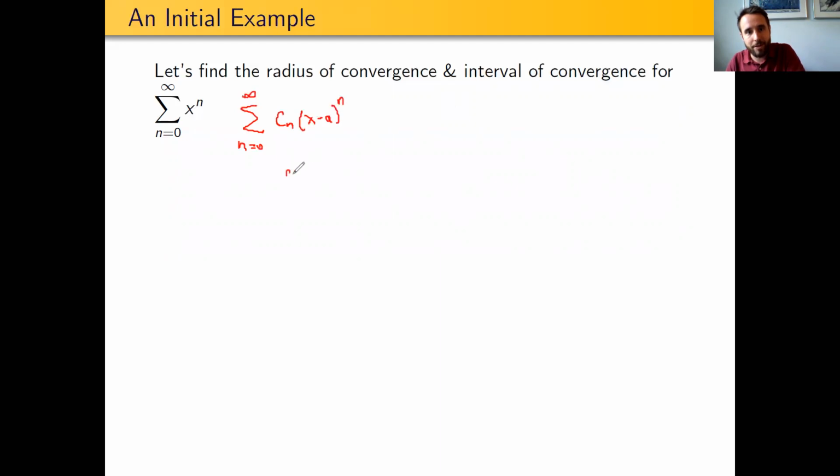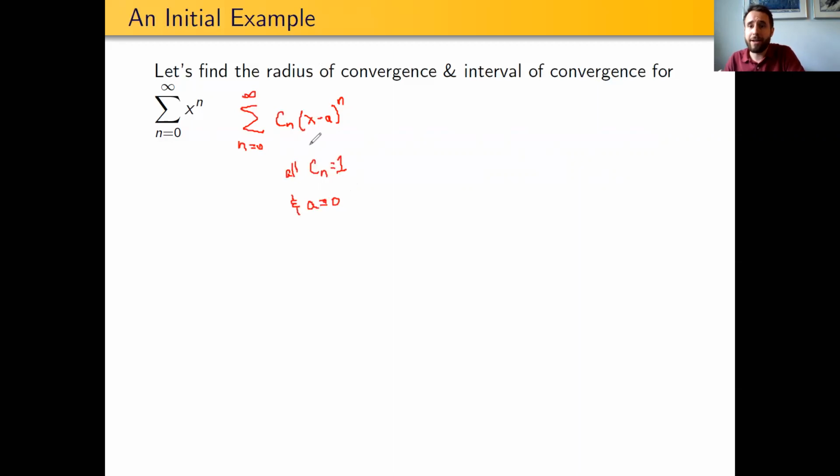It just so happens that all of our c sub n's are equal to 1, and a is equal to 0. So this is a power series that is centered around a equals 0, and all of those coefficients are equal to 1.